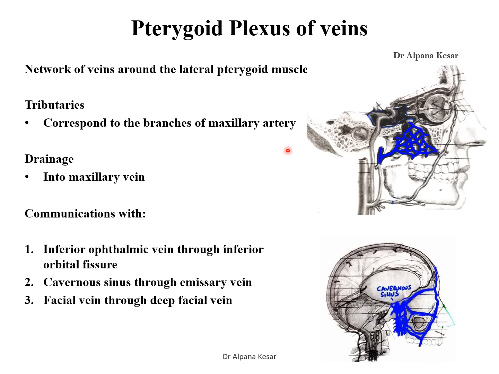The veins that accompany the branches of maxillary artery and drain blood from the area supplied by the branches of maxillary artery will drain into pterygoid plexus of veins. After that, the pterygoid plexus of veins will drain into maxillary vein, and maxillary vein joins with the superficial temporal vein to form the retromandibular vein.